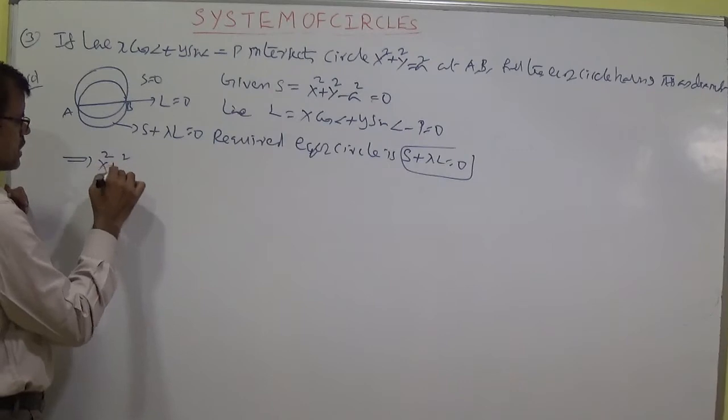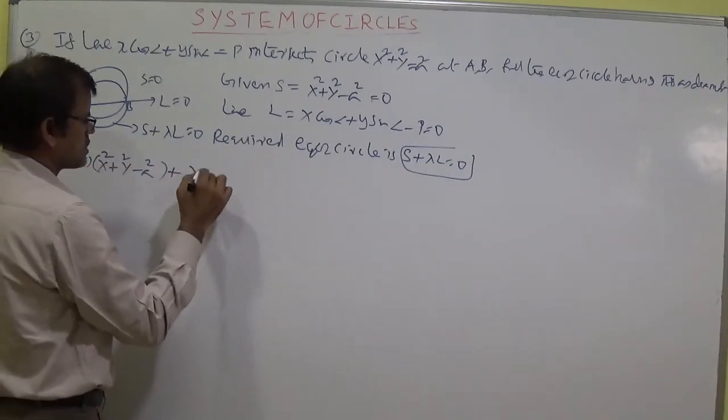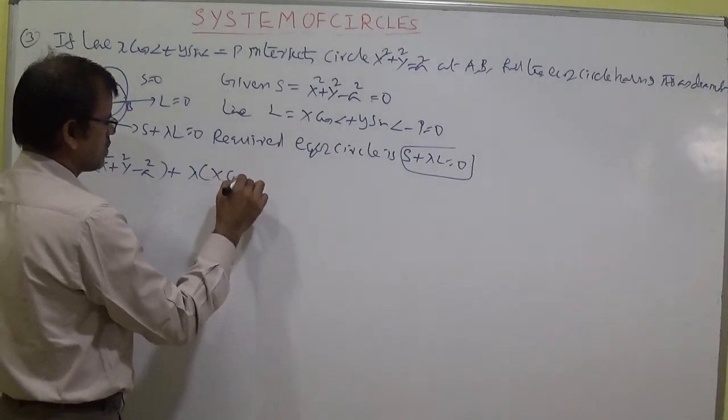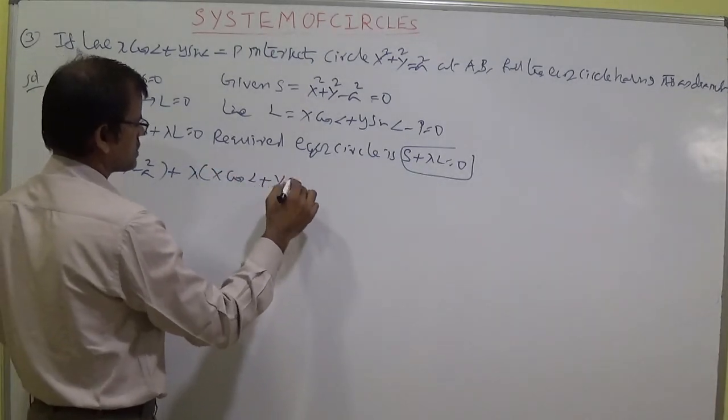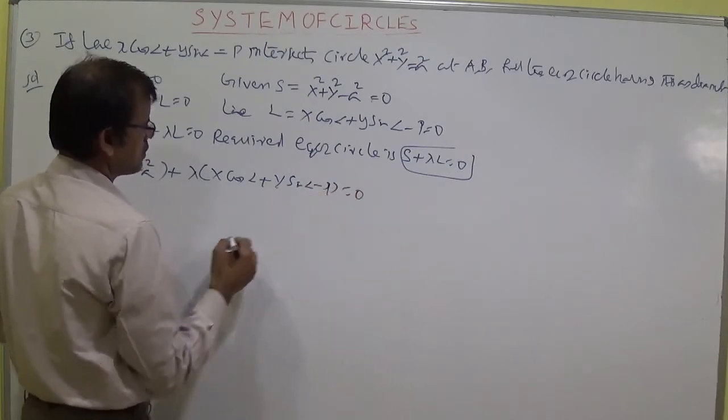That implies x square plus y square minus a square plus lambda into x cos alpha plus y sin alpha minus p is equal to 0.